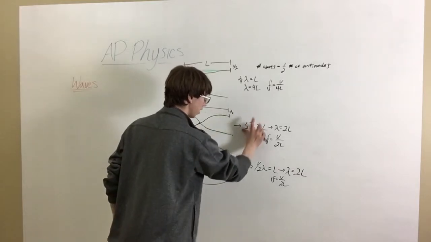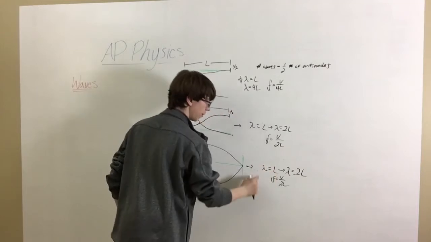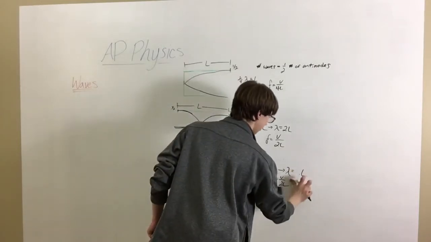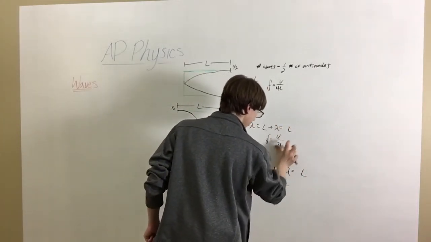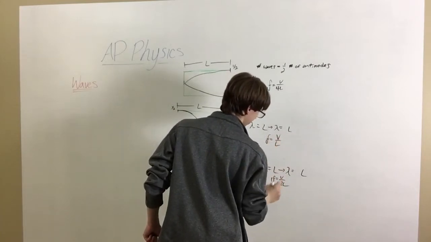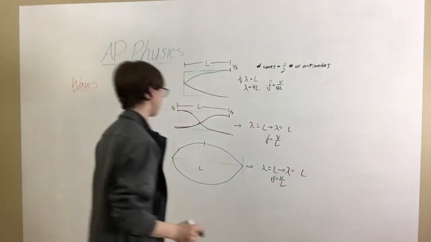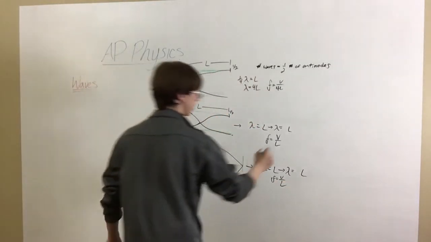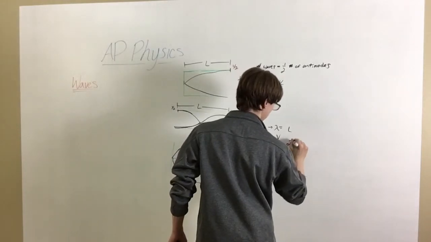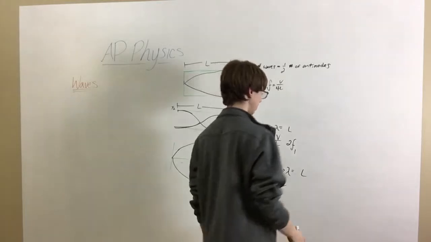Since it has one wavelength, the wavelength is equal to the length. And so that's just 2 times the first frequency. And we call the first frequency the fundamental frequency.